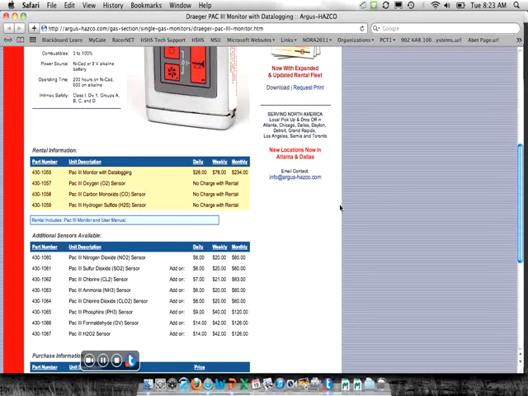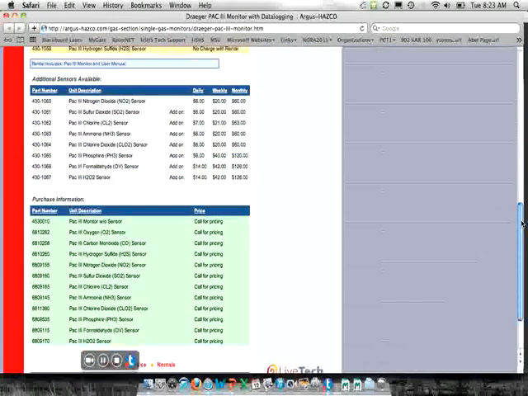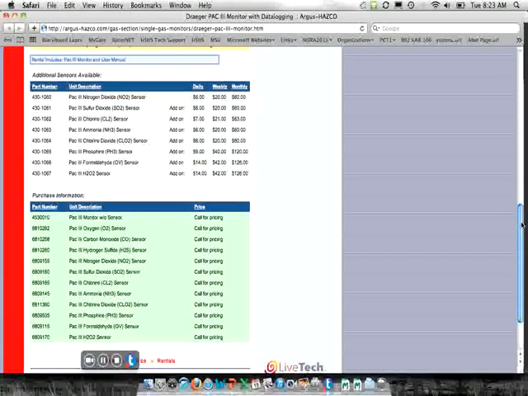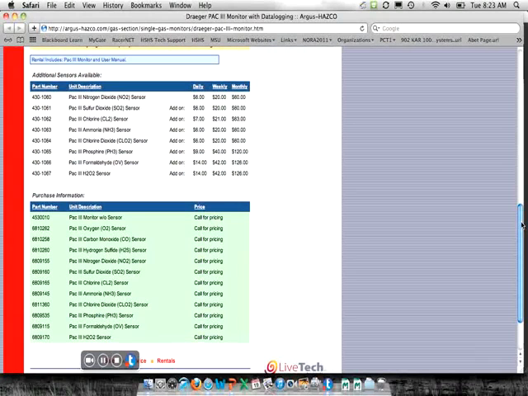Sometimes they will give you a rental price, and if that's all you can get, that's fine. The other thing is that if you want to know what the unit's going to cost, you may get this down here, "call for pricing." This is pretty common. And what you need to do in that case is attempt to get a price for it.